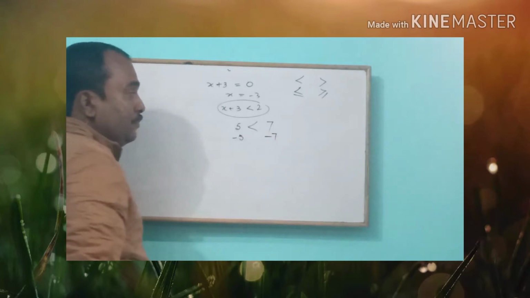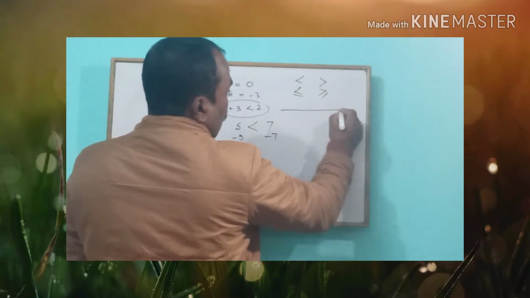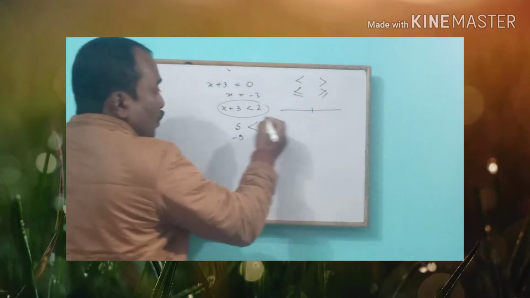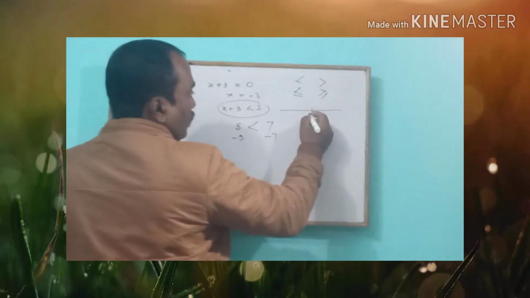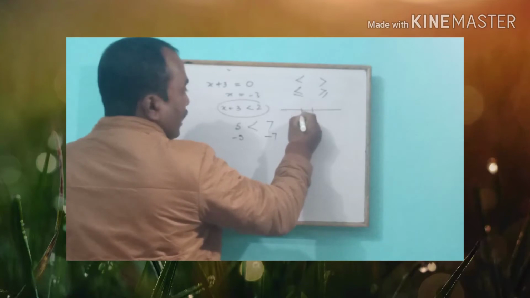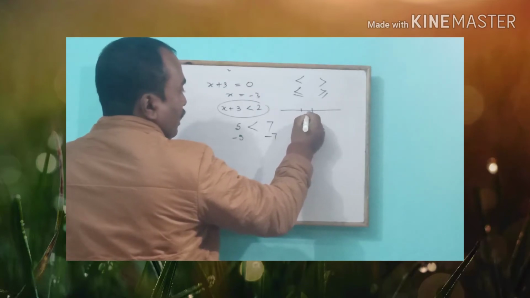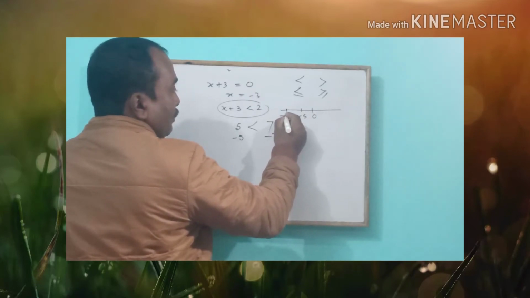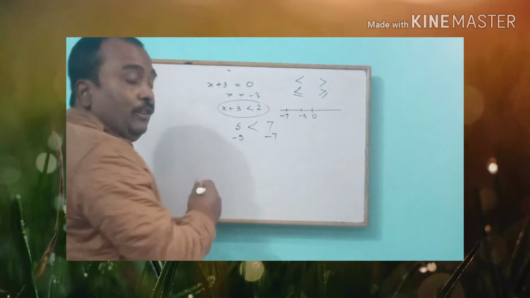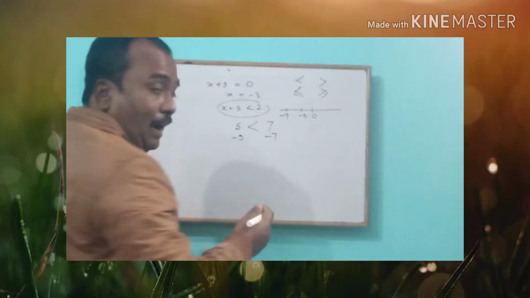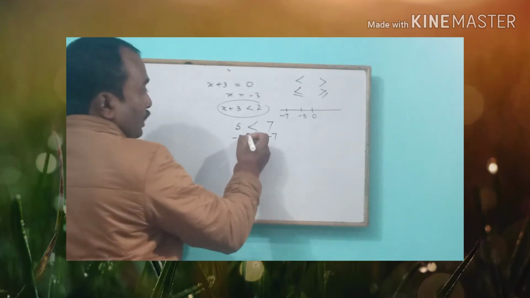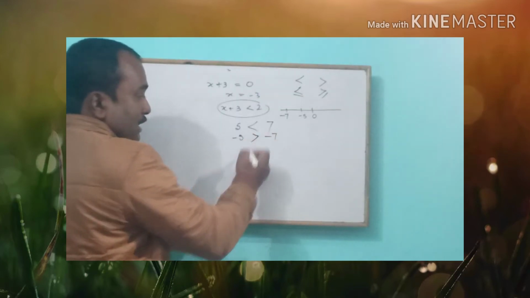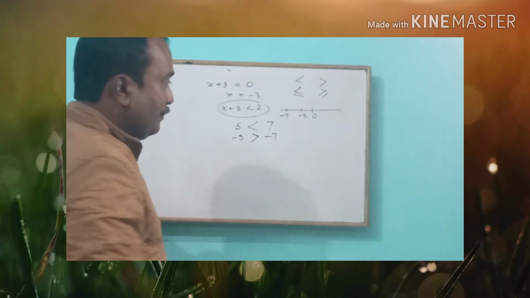We know in a number line, as we go towards the left hand side, the numbers keep on decreasing. So if here it is 0, here it is minus 5, then this side will be minus 7. That means obviously minus 7 is far to the left of minus 5. So minus 5 is greater than minus 7.